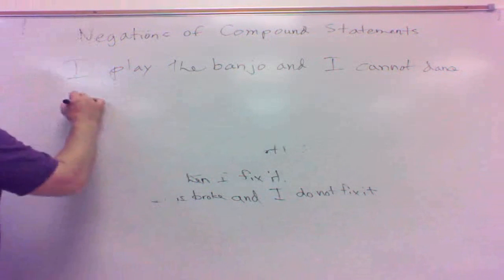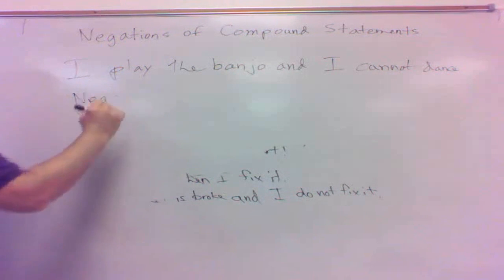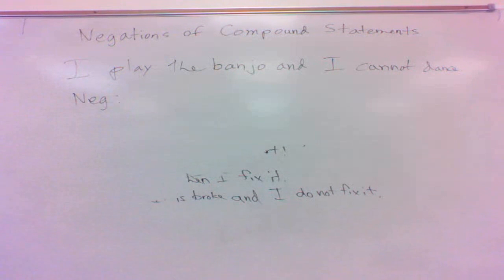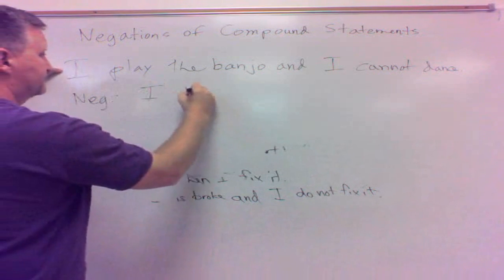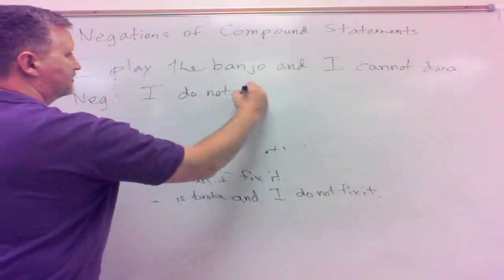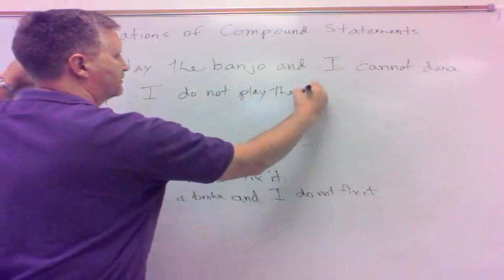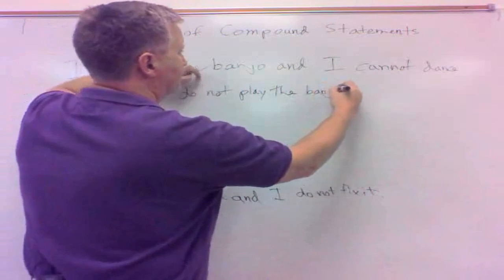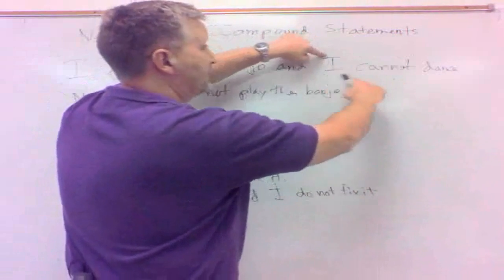I want to know the negation of that. Well, this is just an and statement, and it's pretty easy. To negate and, you just negate the parts, and what else? Change and to or. Okay, so I do not play the banjo. That negates that.